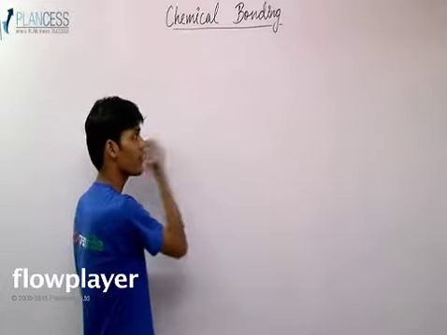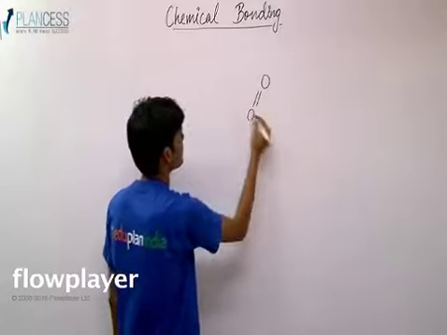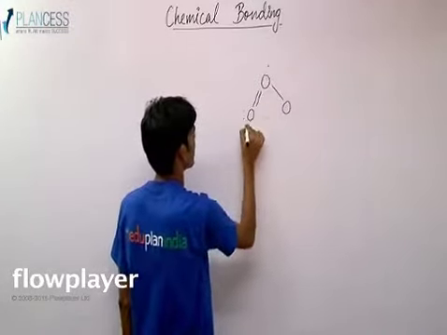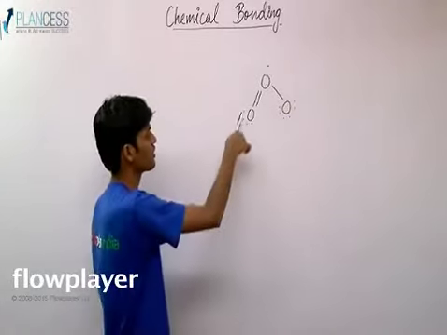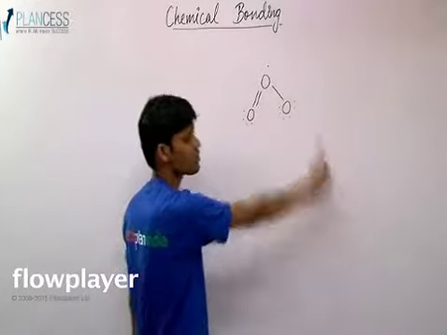For example, if I have to determine the formal charge on oxygen in ozone, we know ozone has a Lewis structure like this, with 4 and 6 electrons. I want to determine the formal charge on this oxygen, this oxygen, and this oxygen also.